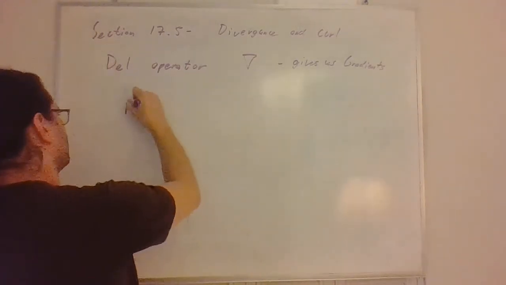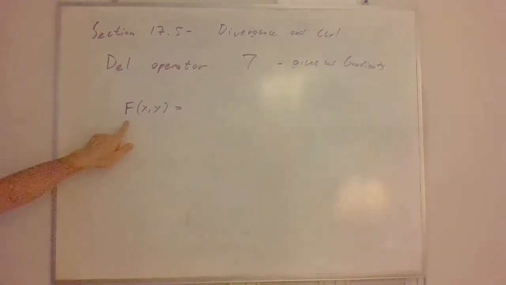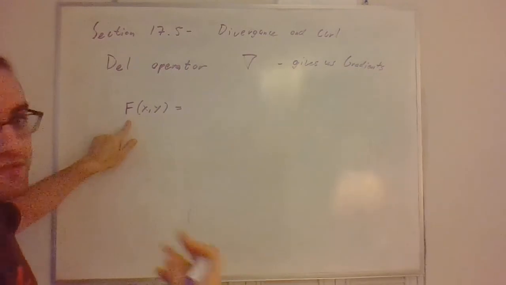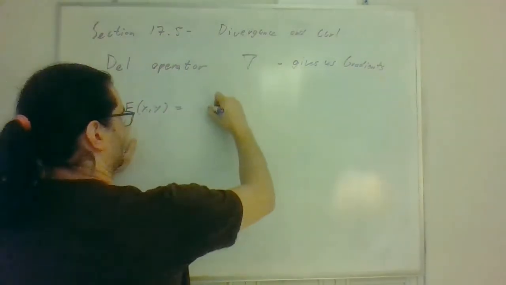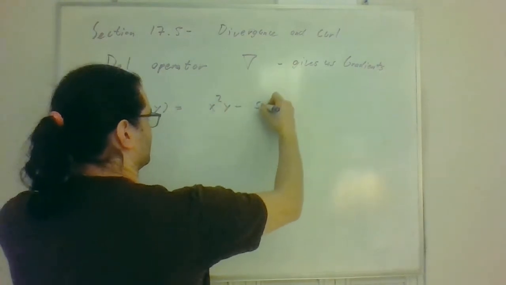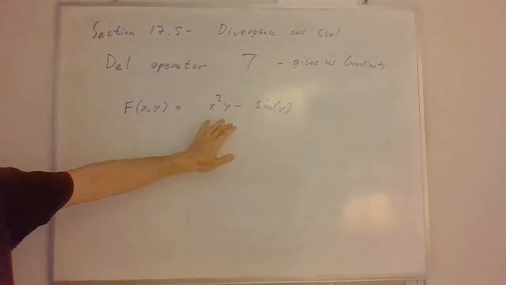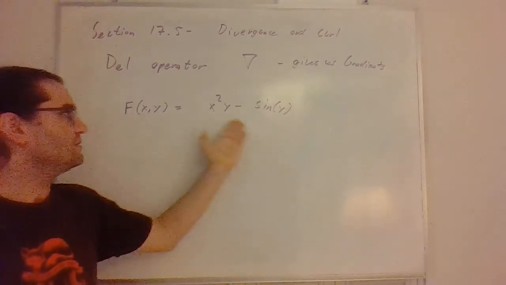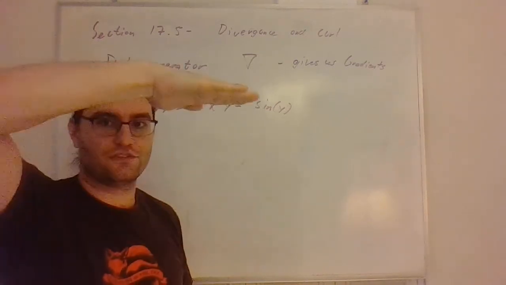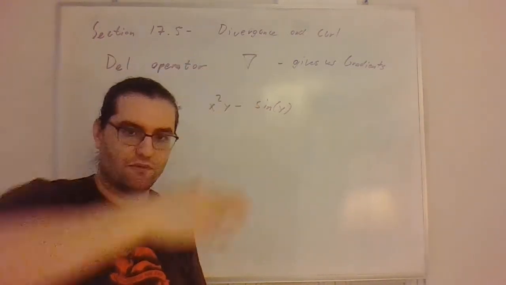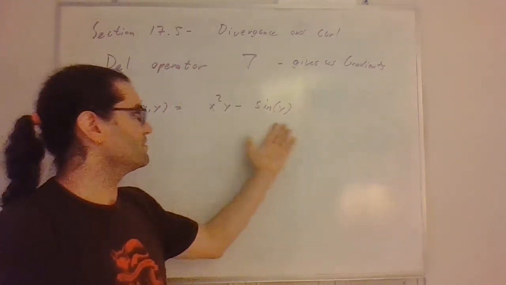Like if we have a function f of x comma y that returns values as numbers, it might look like x squared y minus the sine of y. This function returns numbers. If you interpret those numbers as altitudes above the xy plane, or below, I guess, if they're negative, then this is the kind of function that gives you a surface.